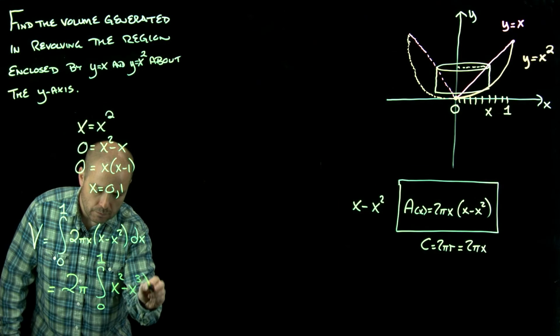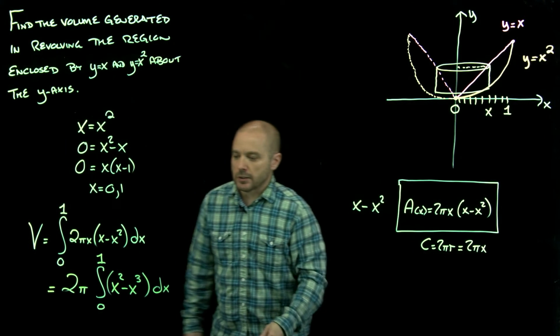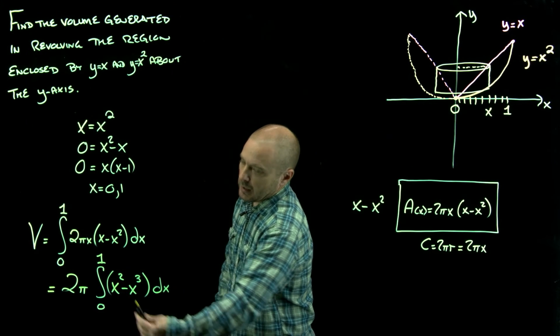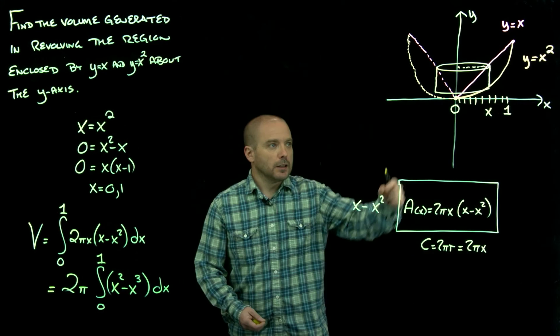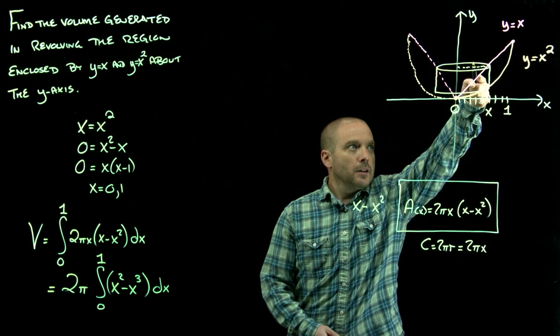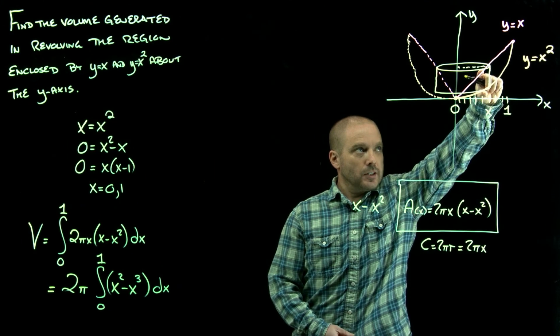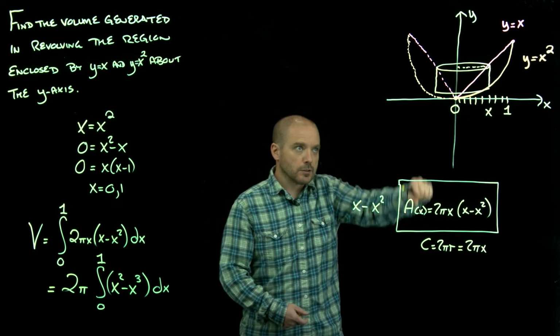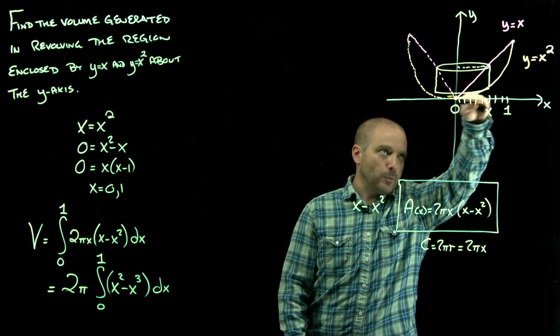And at that point, you've got a fairly straightforward integral, just a polynomial. That's just power rule. So again, a little bit different region here. This height isn't just a single function, it's the difference between two functions. So this will happen when the region that we're revolving is not right up against the x-axis.